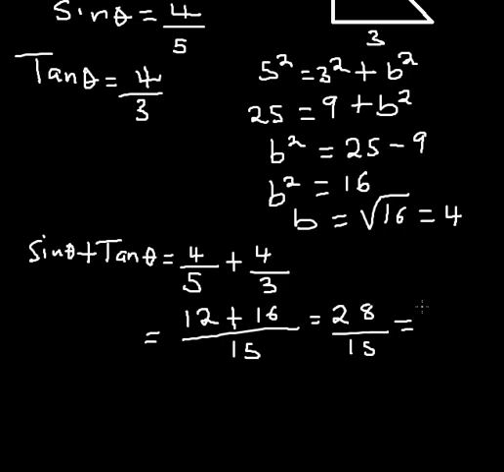Can 3 go into 28? No, 3 can't go into 28. So that should basically be one whole number, then 13 all over 15. Okay, if I'm not mistaken. If I am, we just correct that.